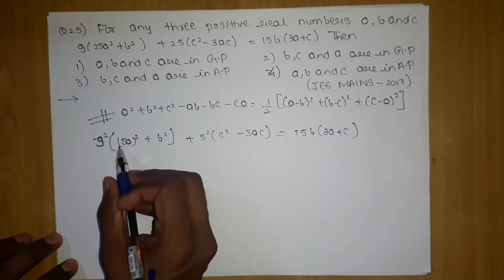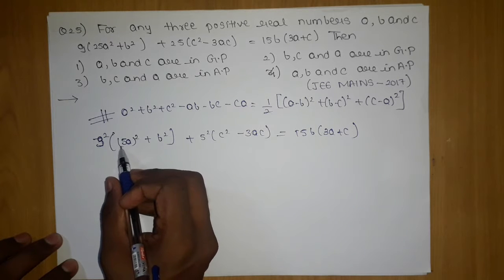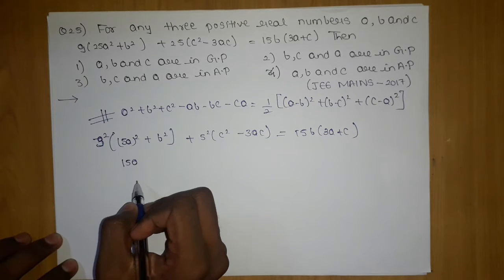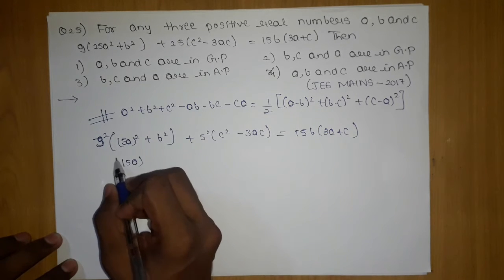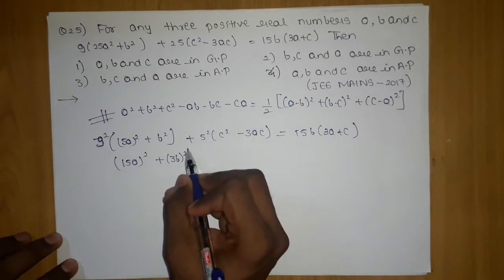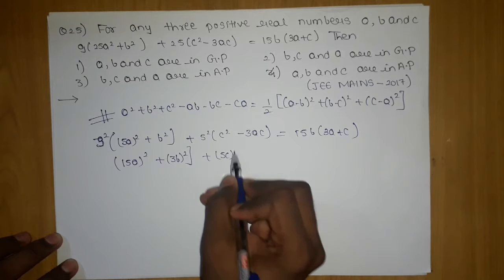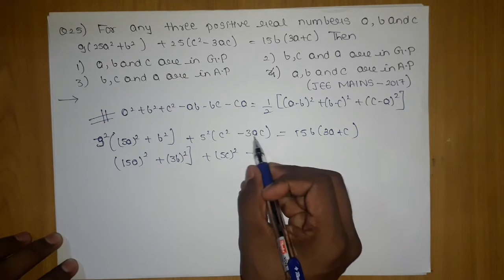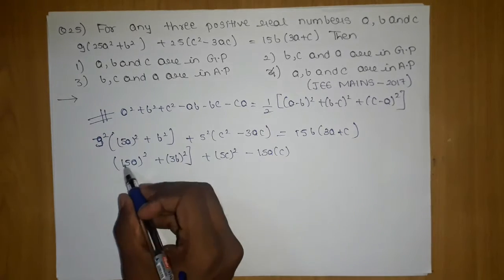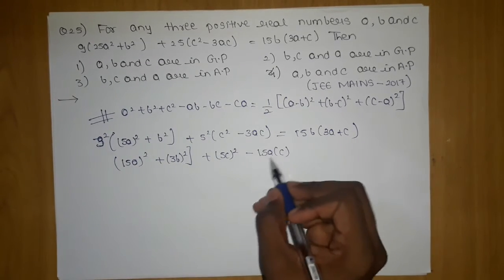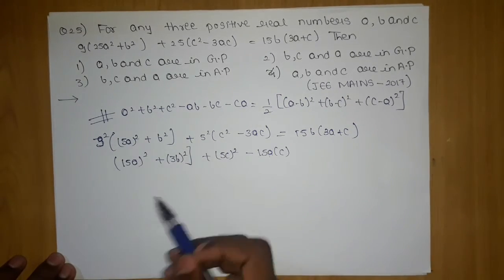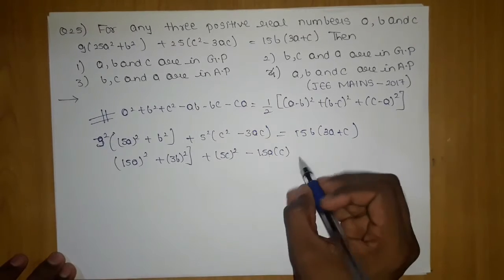If I multiply throughout, I will be left with (15a)² here, and here I will be left with (3b)², and here (5c)². Here it will be 15a times c, because 15a is attached with this. My a is nothing but 15a, my b is nothing but 3b, and my c is c only.